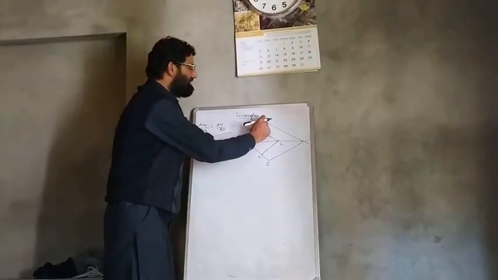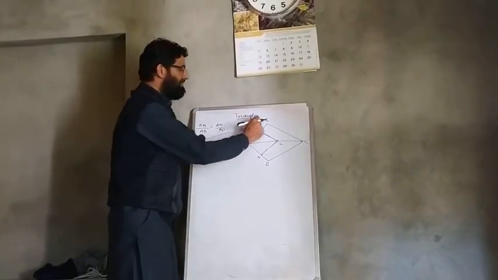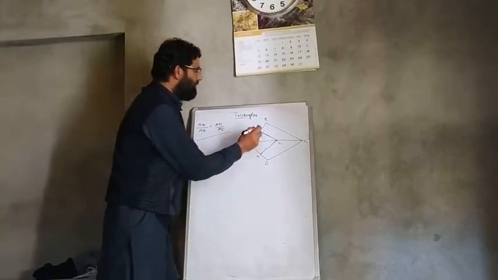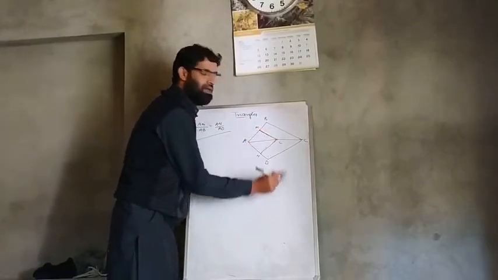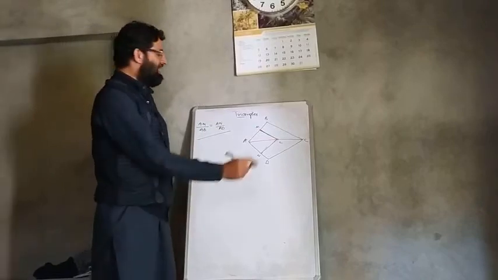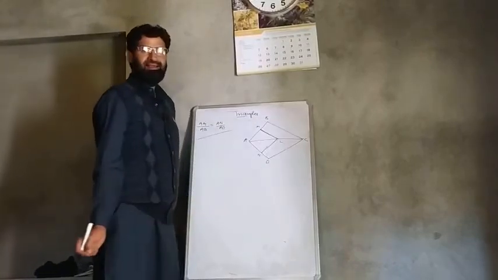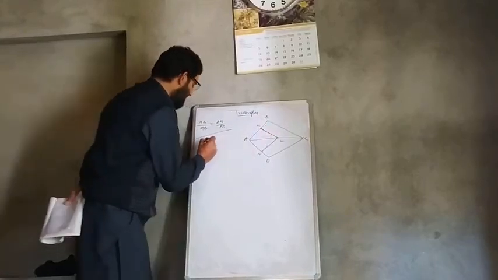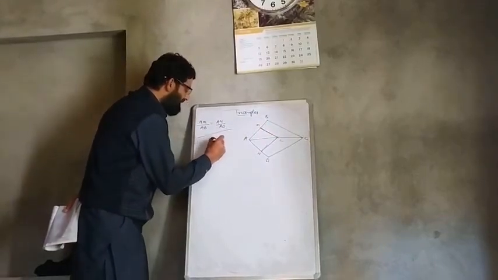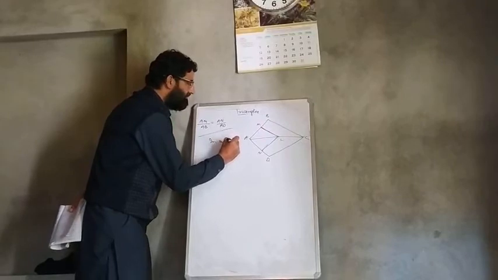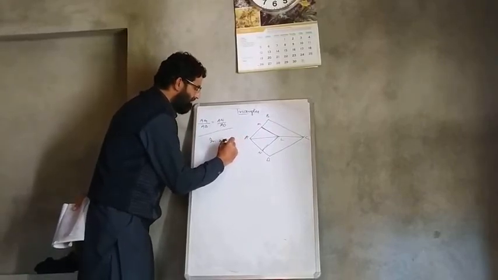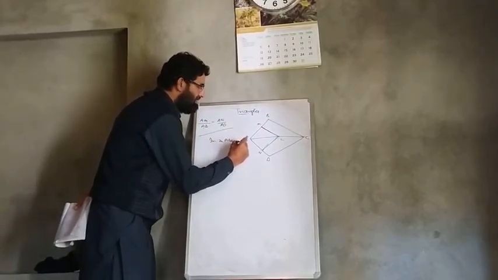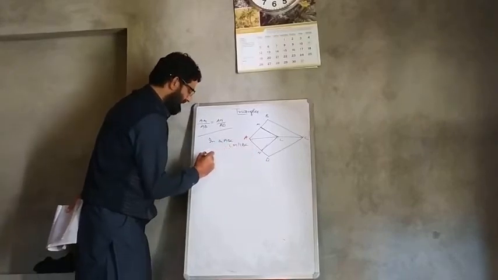Now let us take this triangle ABC. We know by Thales theorem or basic proportionality theorem, if a line is drawn parallel to one of the sides of a triangle, then the other two sides are divided in the same ratio. Therefore, in triangle ABC, this LM is parallel to BC.